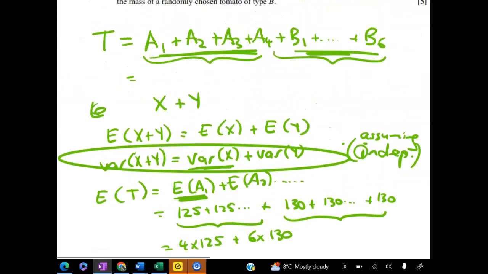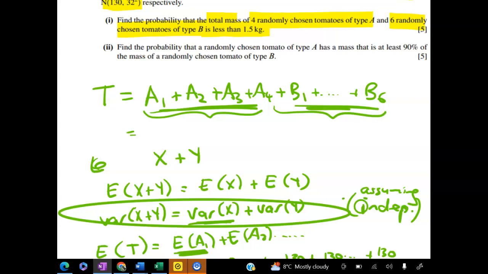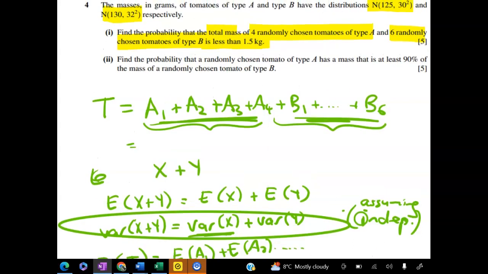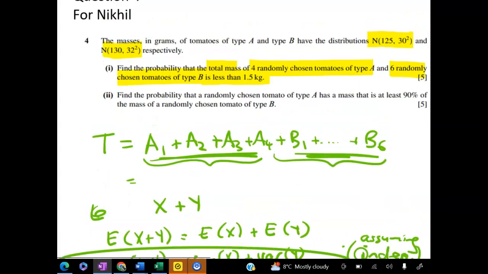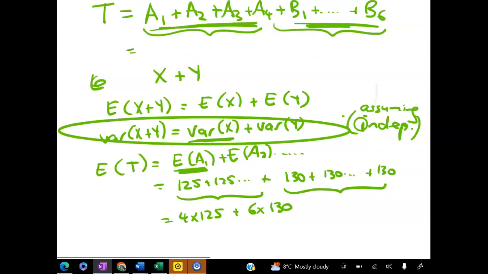So coming back to this one, where have we got to? Well, we've got our total, which is the total mass of 10 different tomatoes. And because we know that these are both shaped as normal curves, that means that the total is also going to have the shape of a normal curve, right?